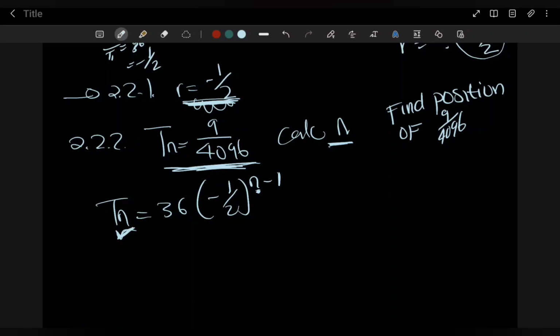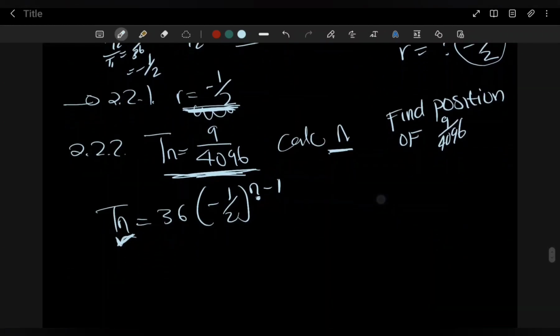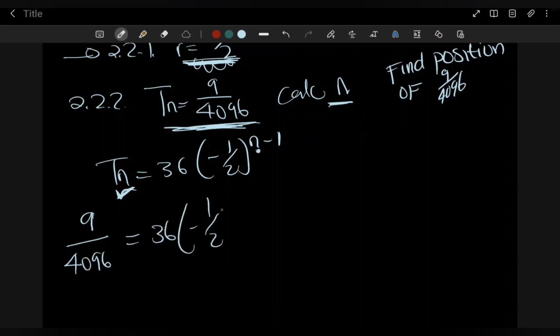So no simultaneous equations or any complicated things. That's why this question is 3 marks, because it's not too hectic. So what you're going to do now, you're going to take Tn, since they've already given it to you. You just substitute 9 over 4096, 36, negative 1 over 2, n minus 1.